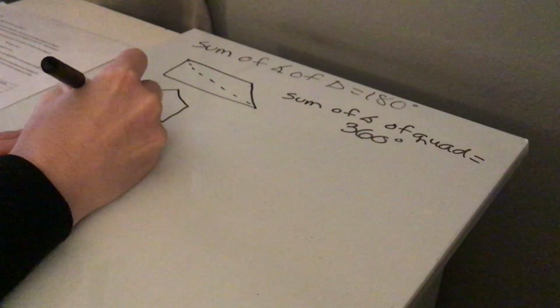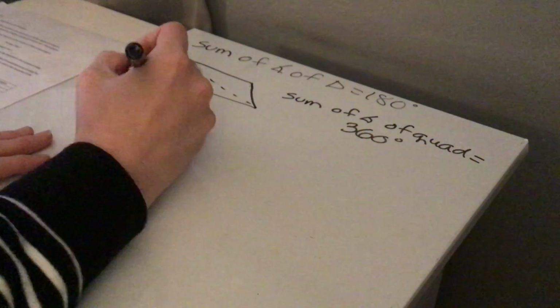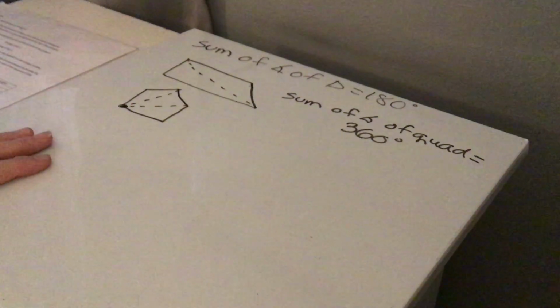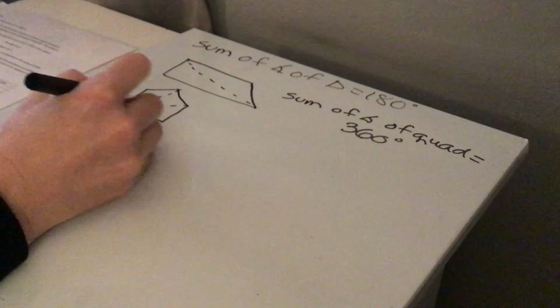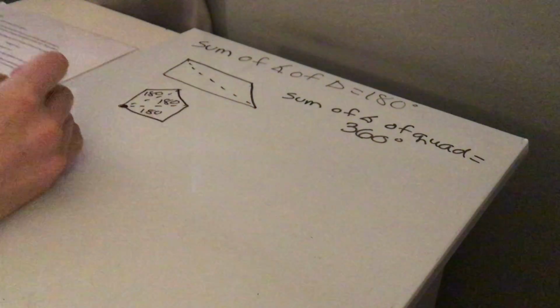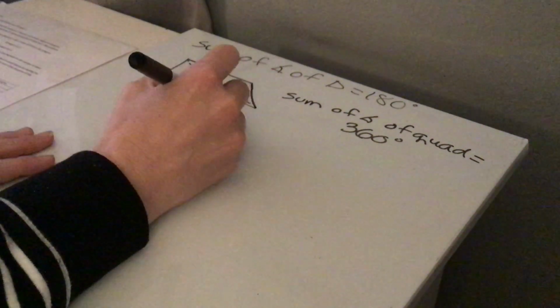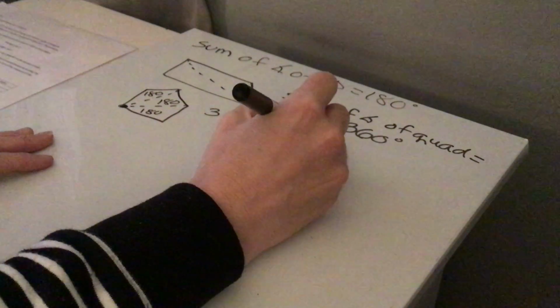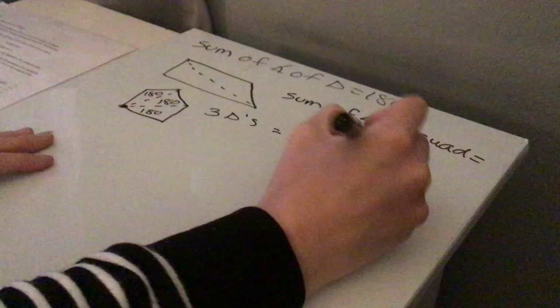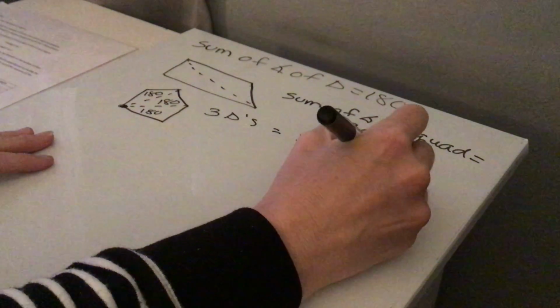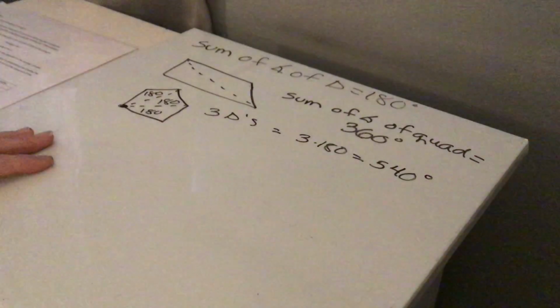If I take one vertex and draw in all the diagonals, here would be 1, 2. Okay, well, how many triangles is that? That's 3 triangles. Each one adds up to 180. Okay, so 3 triangles. Then that means that it's 3 times 180. Or for a pentagon, that ends up being 540 degrees.